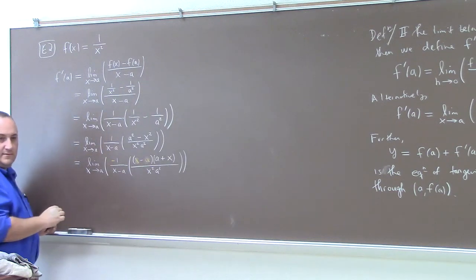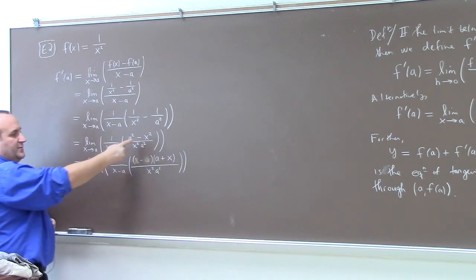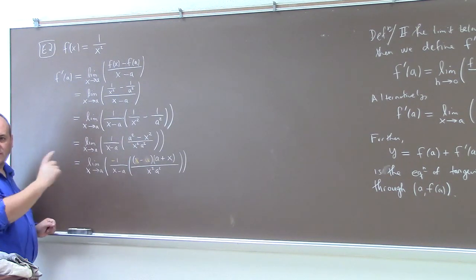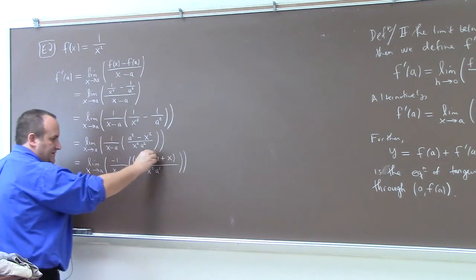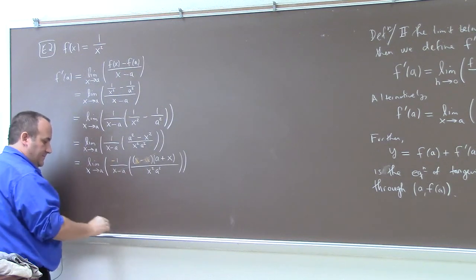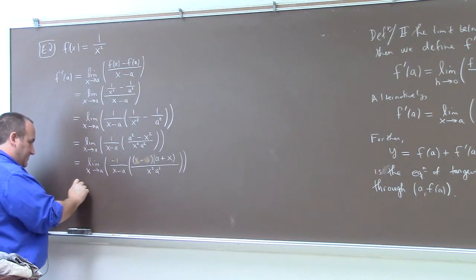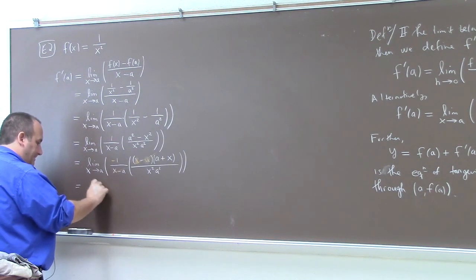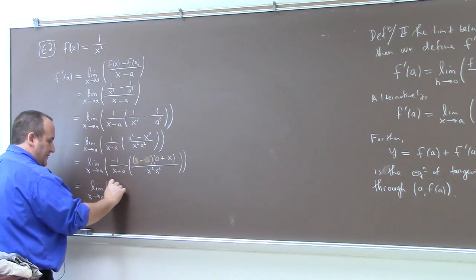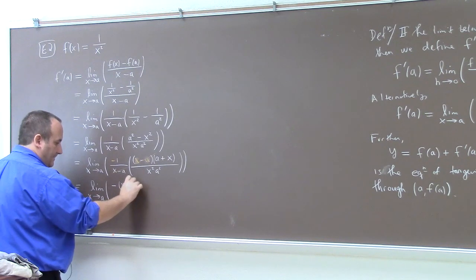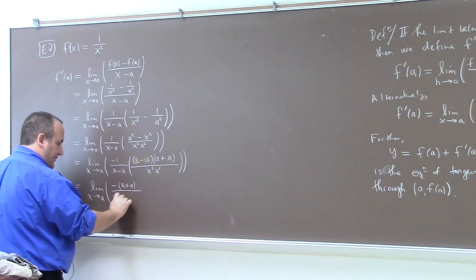Agree? Or if you like, you could pull a minus out of the step above and factor x squared minus a squared instead. However you see it, this and that cancel. And we're just left with the limit as x goes to a of minus parentheses x plus a divided by x squared a squared.